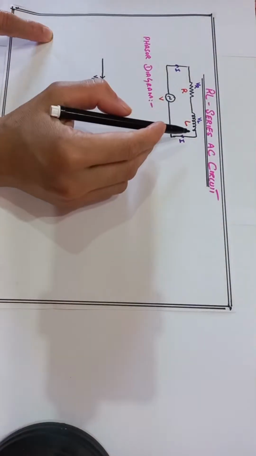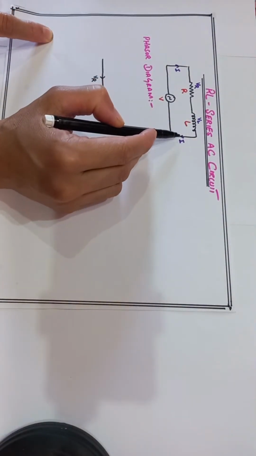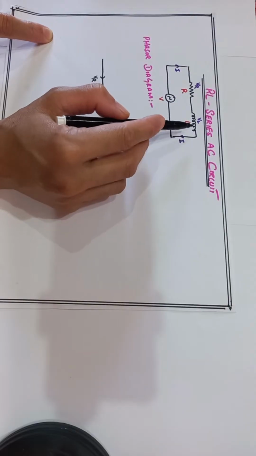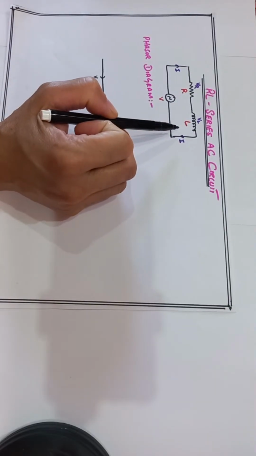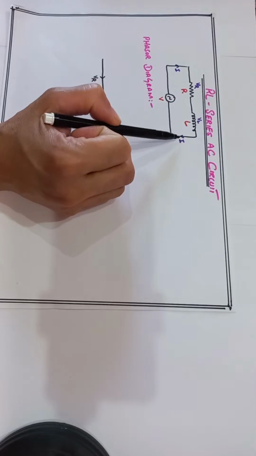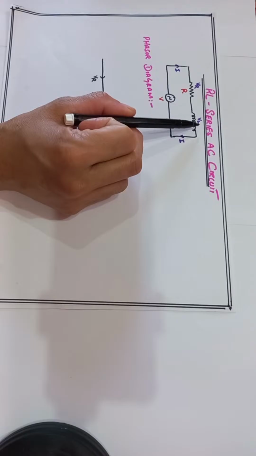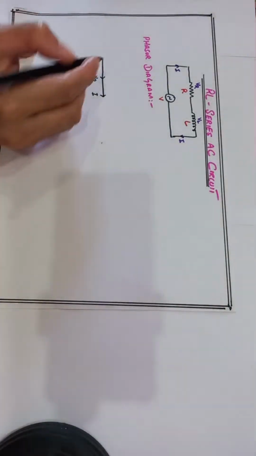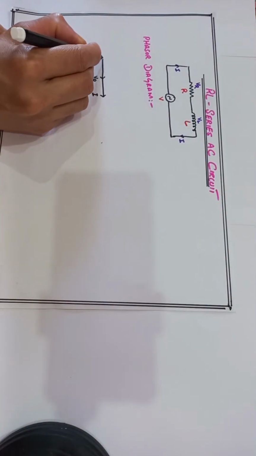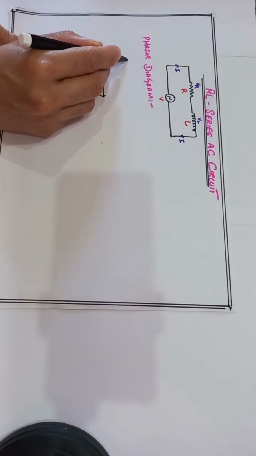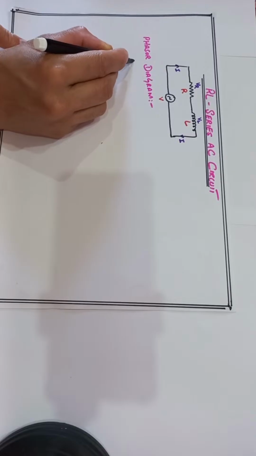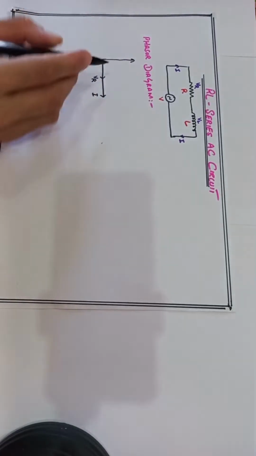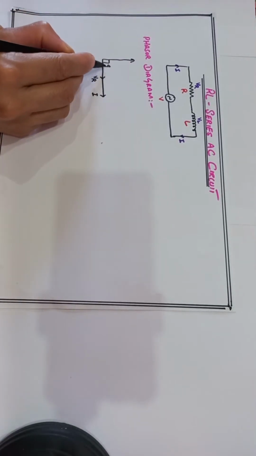Now when the current passes through the inductor, in the property of an inductor the current always lags. So the current lags behind the inductor voltage VL by 90 degrees, that is, the inductor voltage leads the current by 90 degrees.